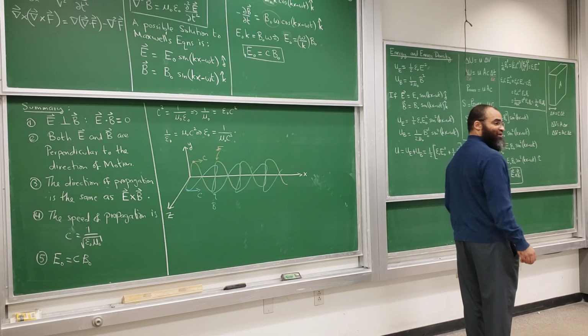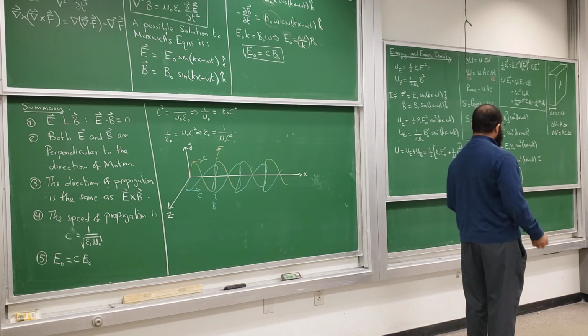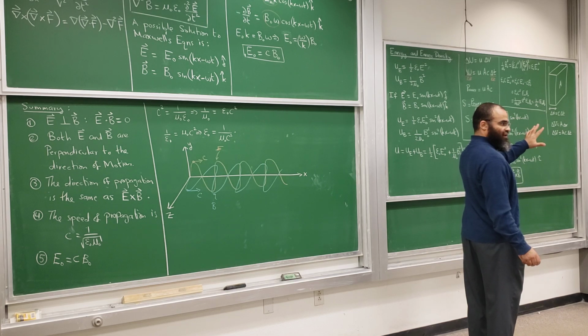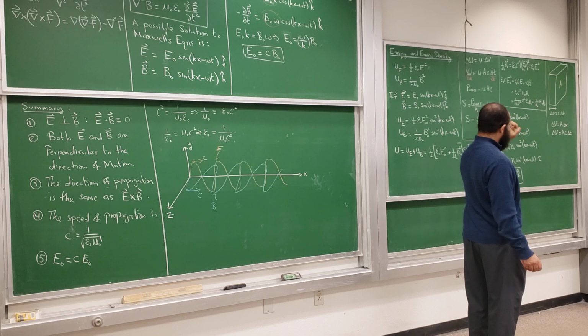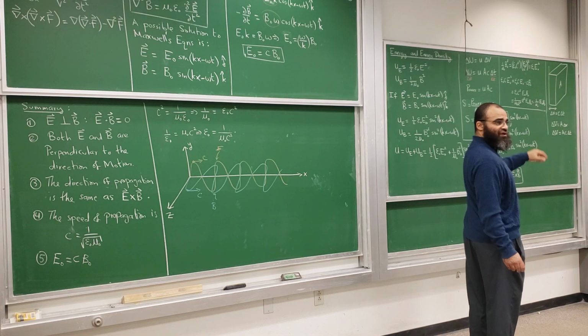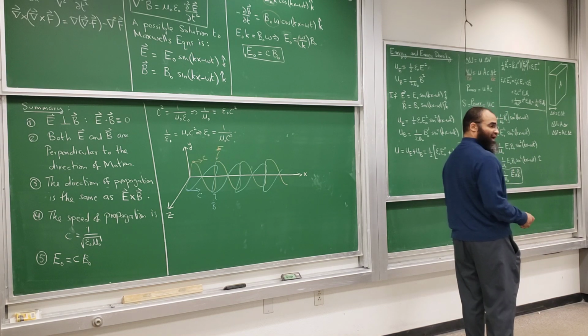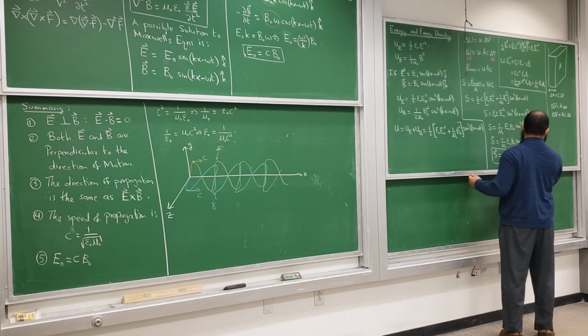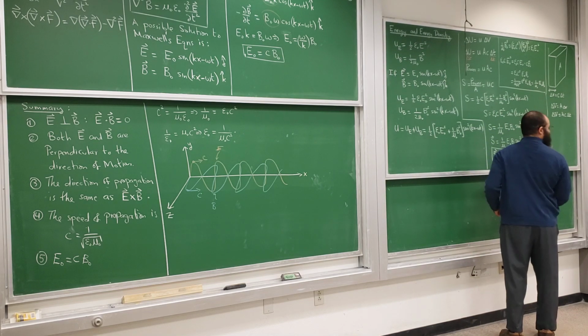Now this S has a special name. First of all, what does it mean? It's the energy per unit of time, per unit of area, and it gives you also the direction where the energy is heading. And the name of it is the Poynting vector.